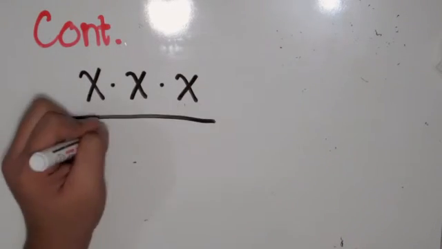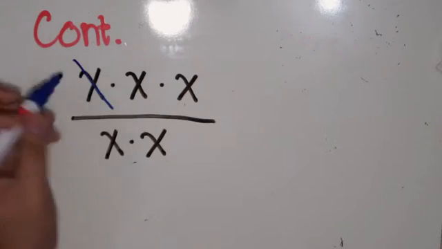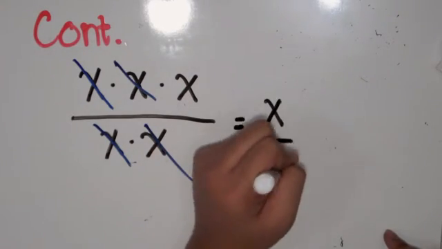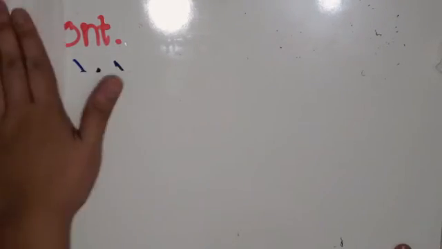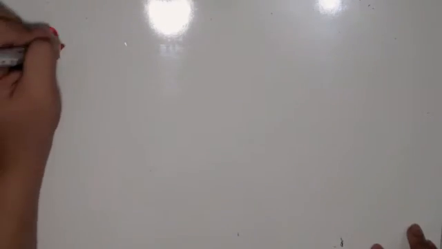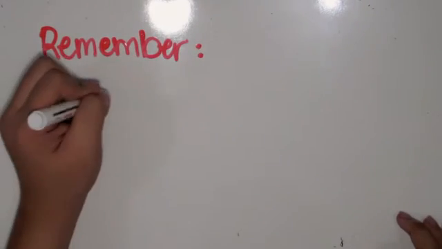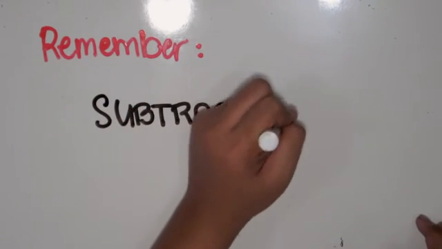Continuation. x times itself 3 times over x times x. We may cancel out like terms, which leaves us with x over 1, or simply x. Remember, we must subtract the exponents.